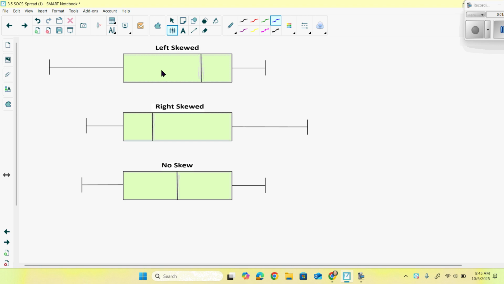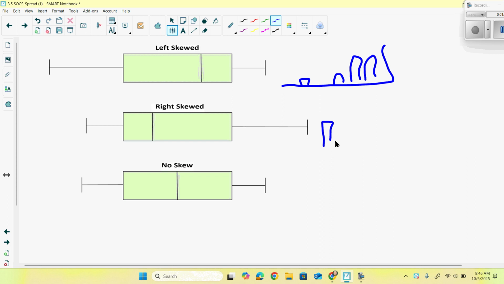All right, just a quick reminder of what our shapes are. No skew, we could also call that symmetric. And then left skew and right skew. If we saw data, we'd see small columns to the left if it's left skewed. If you had an item like this, or a situation like this, it's skewed left. Skewed right is going to be the opposite of that.